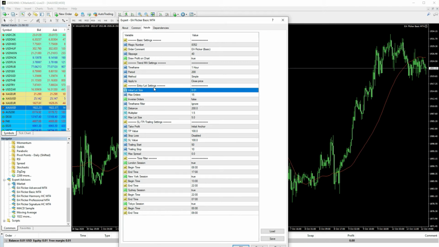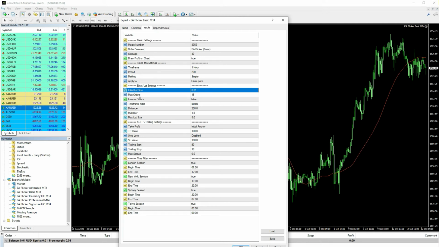So you set this, then only we look into the entry. Now, initial lot size, it is always recommended to start with 0.01. But then there are some people who are very ambitious, I would say. They will start with 0.1 for that matter. But then they might not have an idea whether the equity or the account balance they're starting with could accommodate that kind of progression. What do I mean here?